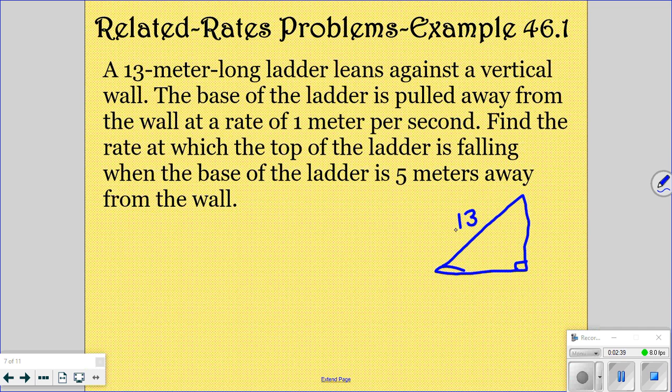The base of the ladder is pulled away at the wall at a rate of 1 meter per second. So this is our base, and the rate of change is our derivative. We talked about that a few lessons ago. So the derivative of b is db, and it's with respect to time, so over dt.